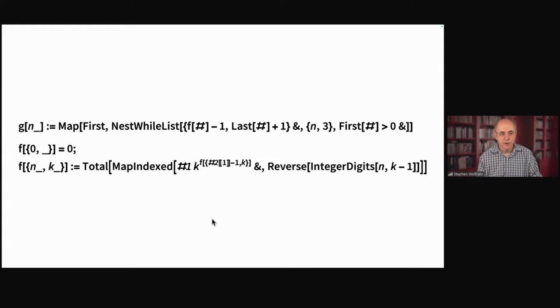Okay, so here are some definitions for g of n and f of n. There are recursive definitions, and well, these are actually not even recursing in g and f. f recurses, g does not.